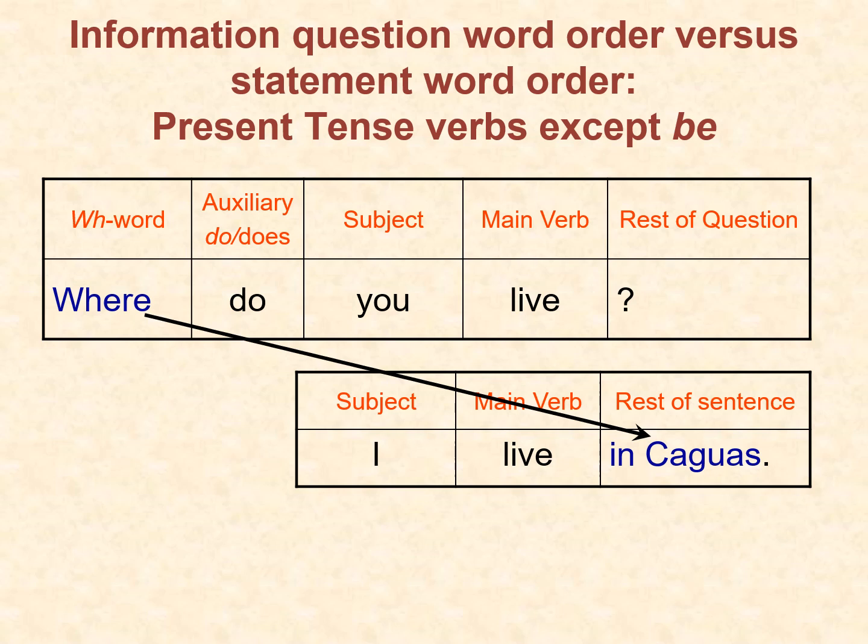In the statement, there is no do or does, right? So the order in the statement is subject I, verb live, and then the information in Caguas. In the question, we get where, then we need do, then we get you, then we get the verb live. So again, the order of words in the question is different than the order of the words in the statement or answer to the question.